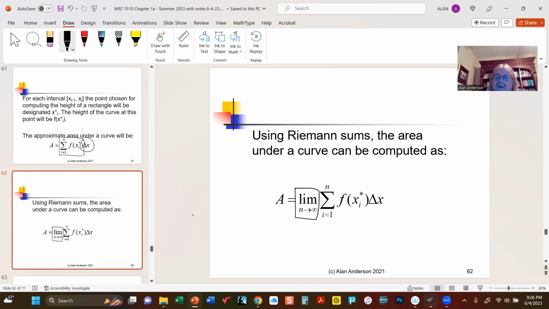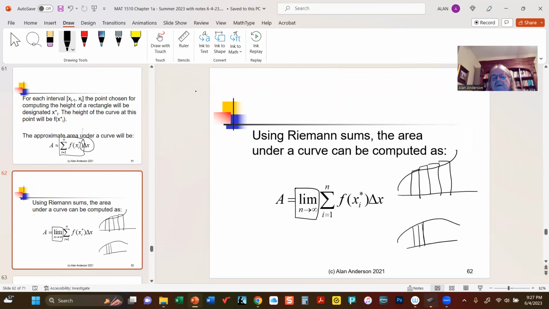So you can imagine that instead of approximating a curve with just a few rectangles, well, you get the idea. Instead, you're going to wind up with an infinite number of these lines, each of which has a width of 0.